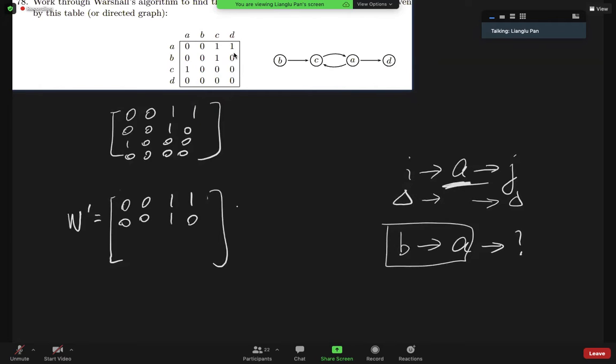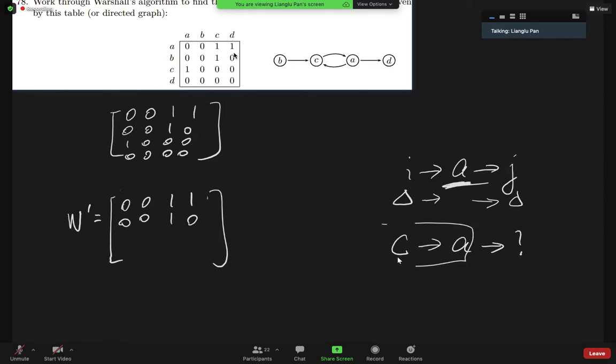Now, if we consider the third row, we're checking whether we can go from C to A and then to a destination node. Looks like C to A is possible, because from the original matrix we have C to A possible. This tells us that if we start from C and use A as a stepping stone, we should be able to reach any node that A can reach.